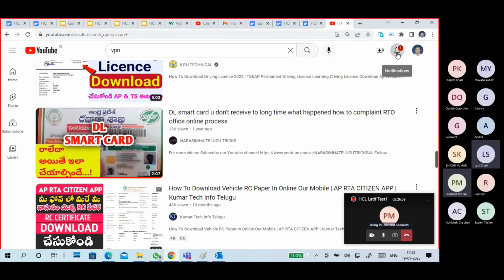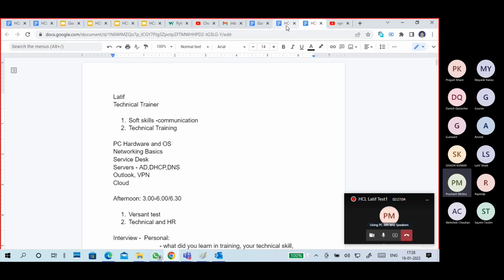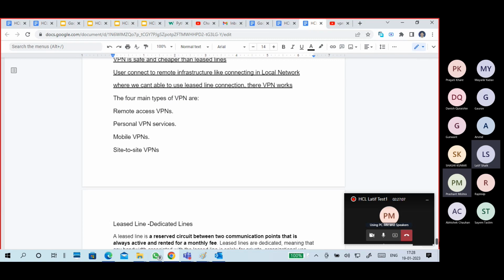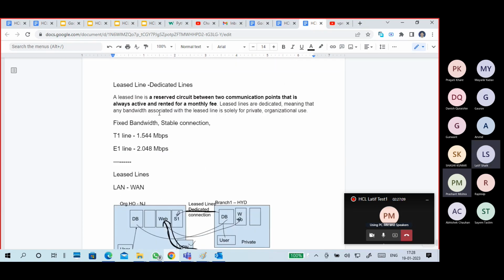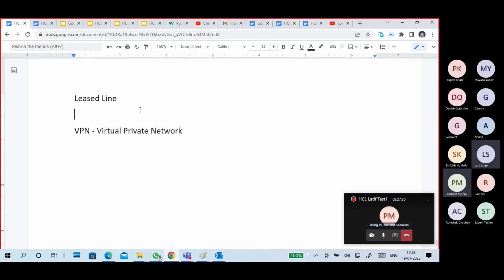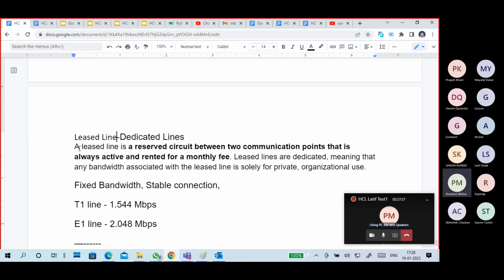What is this? Leased lines. Leased lines are dedicated lines.